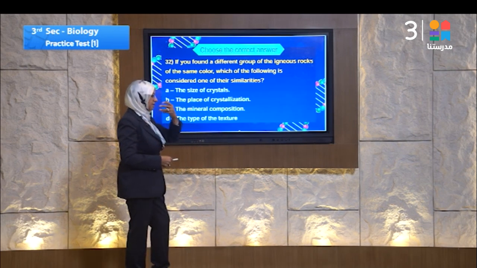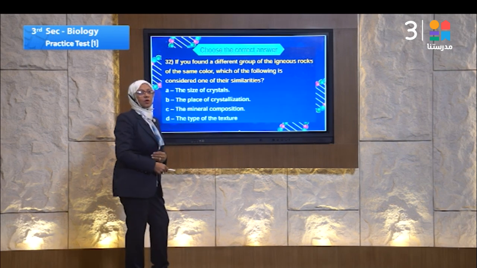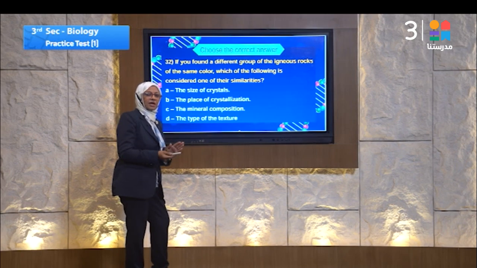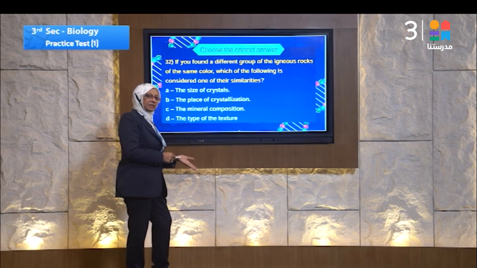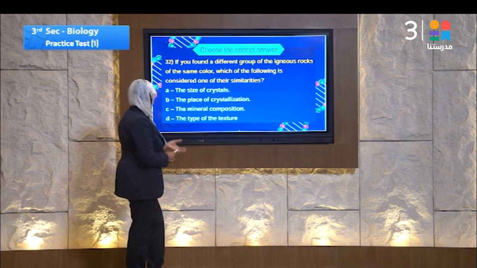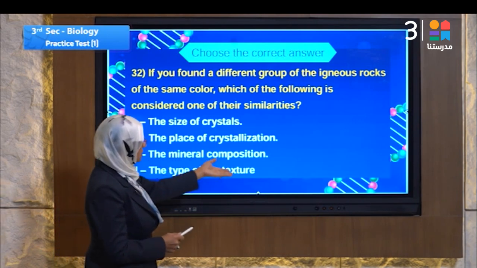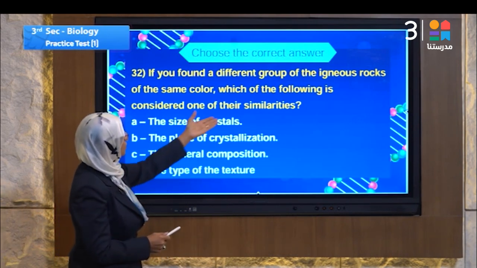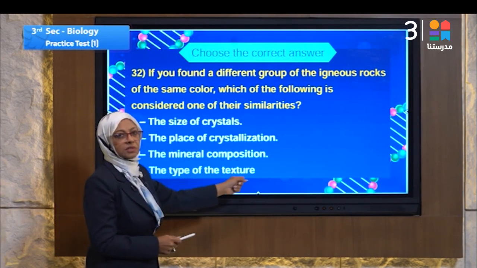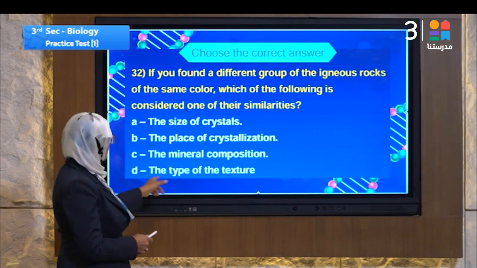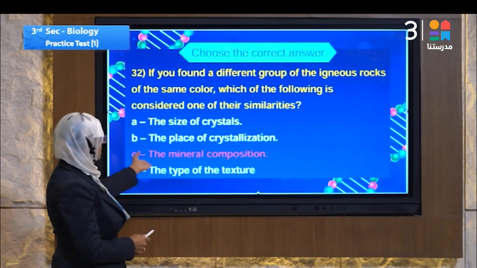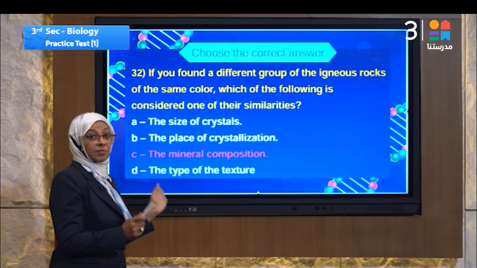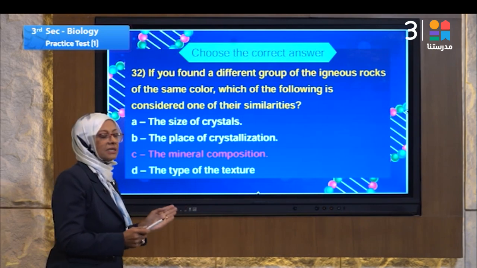That means where they crystallize, who goes first and the other goes second, or by the temperature. The mineral composition, that means igneous rocks have the same mineral composition, that's a similarity. The type of texture. It must be the mineral composition, the similarity between igneous rocks.